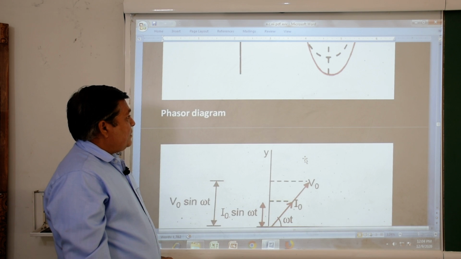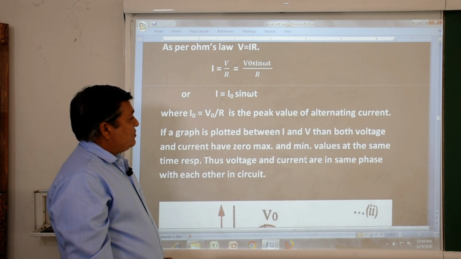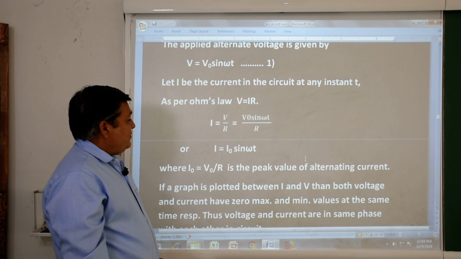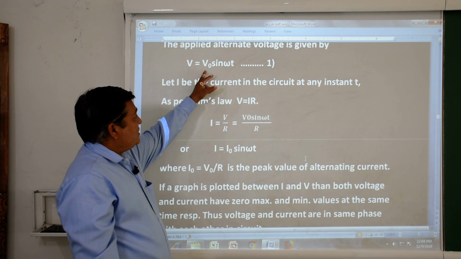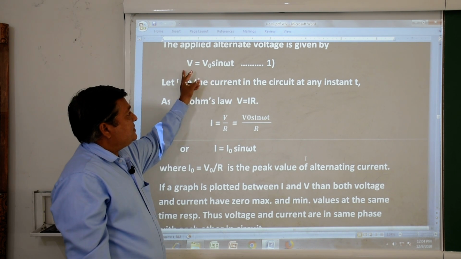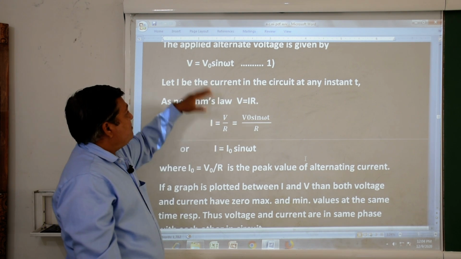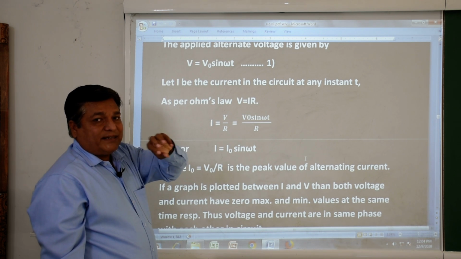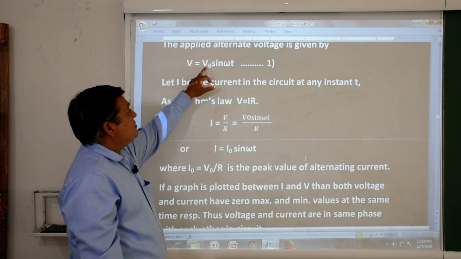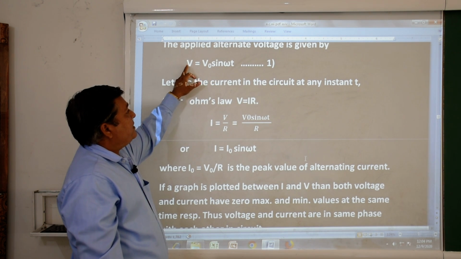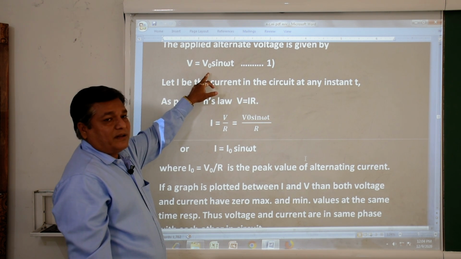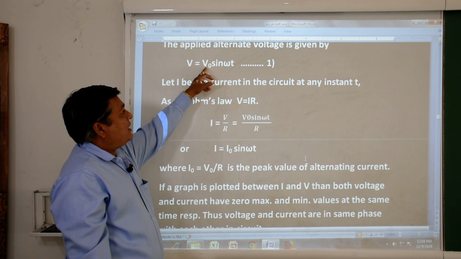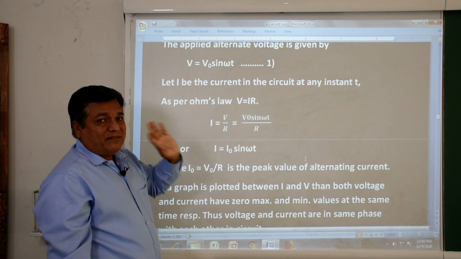So, what is the opposition created in this case? To find it, if we divide expression number 1 by capital R, the resistance attached in the circuit, V by R is equal to V naught upon R. Here it becomes I, so I is equal to V naught upon R, meaning I naught is equal to V naught upon R, the peak value.